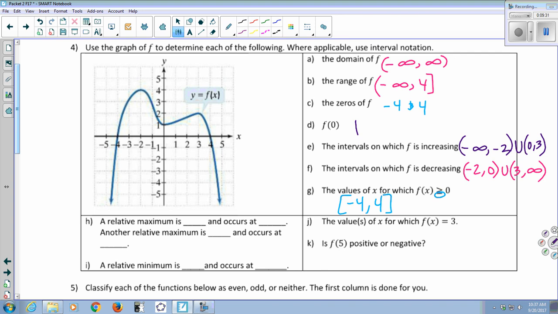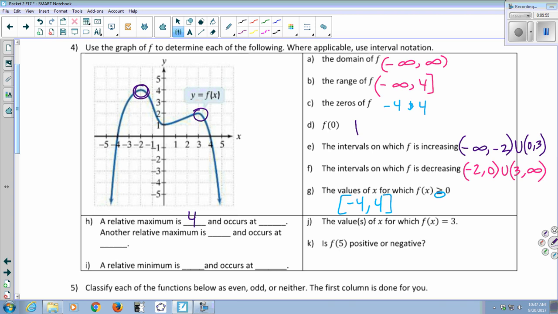All right, a relative maximum. So I have 2 relative maximums. So I've got one here and I've got one here. So I'm going to fill in this sentence. A relative maximum is blank and occurs at blank. Okay, so the maximum value, the maximum is the y value, and it occurs at the x value. So if I look at this one, the y value is 4.